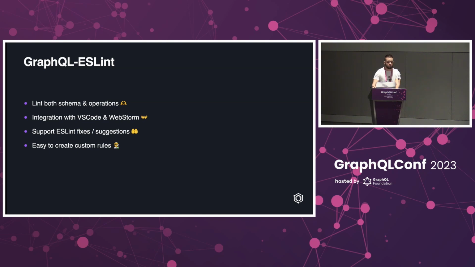GraphQL ESLint also has nice integration with popular editors such as VS Code and WebStorm. Some rules of GraphQL ESLint have fixes and suggestions. Actually, I guess only one rule in GraphQL ESLint has autofix, the alphabetize rule. It's also very easy to create custom rules. So okay, next.